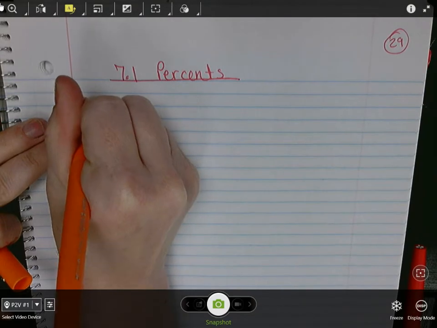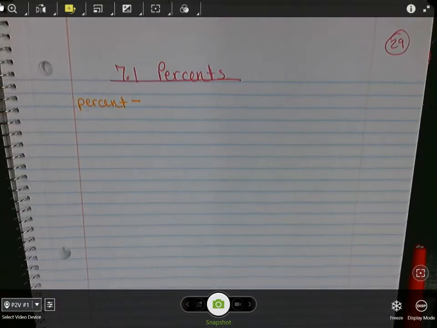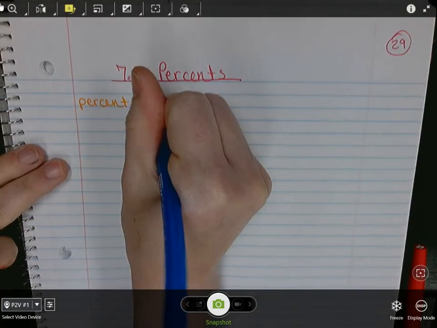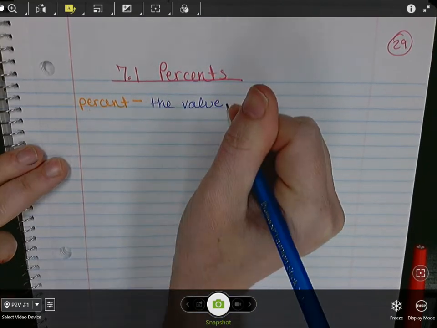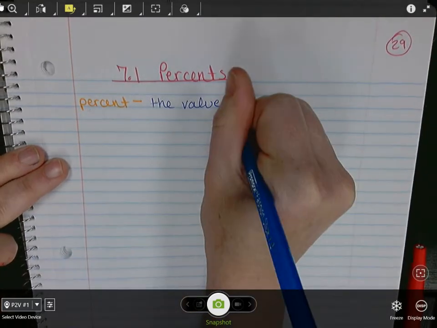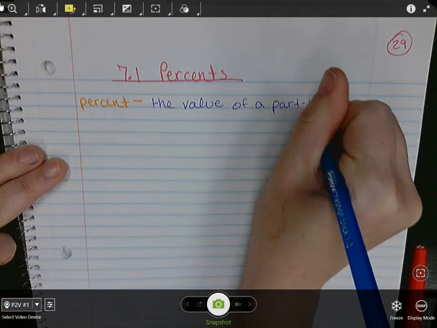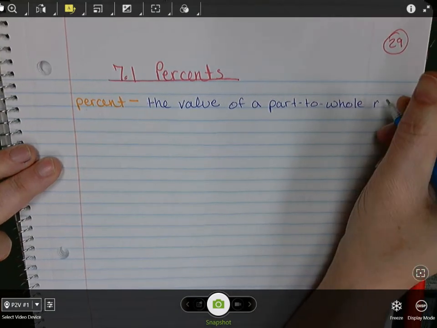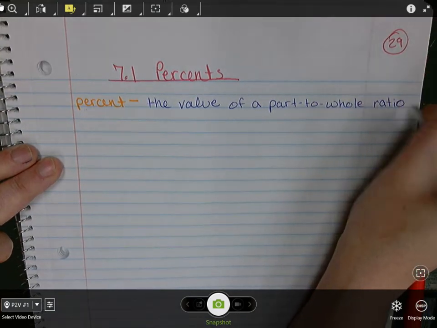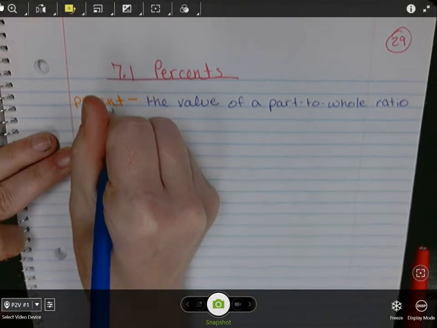A percent is the value of a part to whole ratio, where the whole is 100.